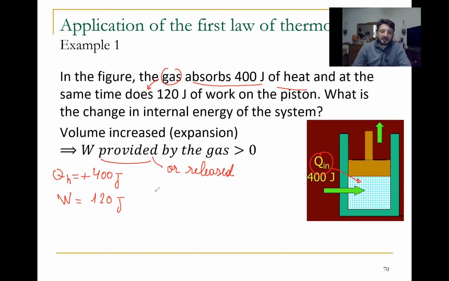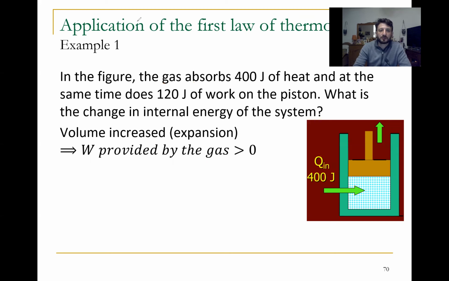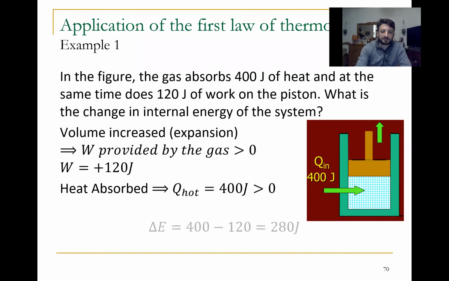I want to calculate delta E. Delta E equals Q minus omega, equal to 400 minus 120 joule. So here we have delta E equals Q minus omega. The final value delta E equals 220 joule.